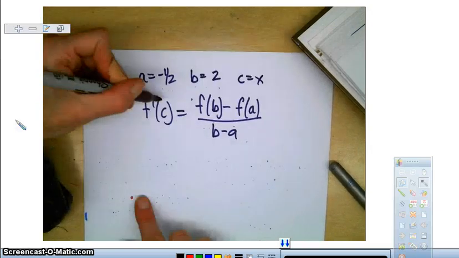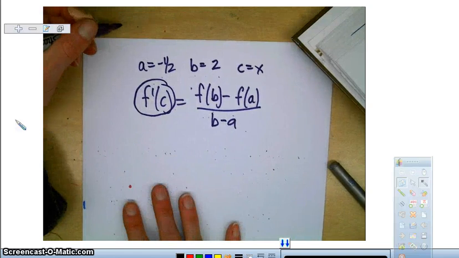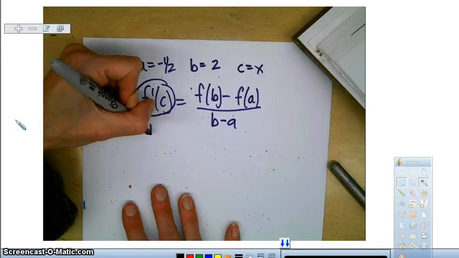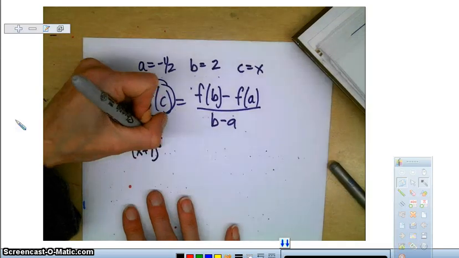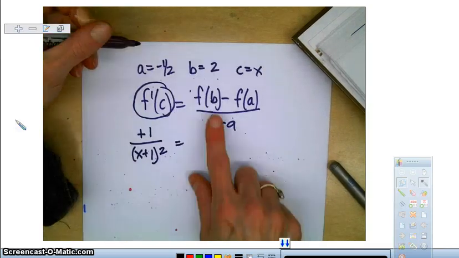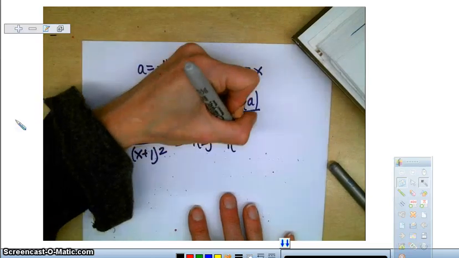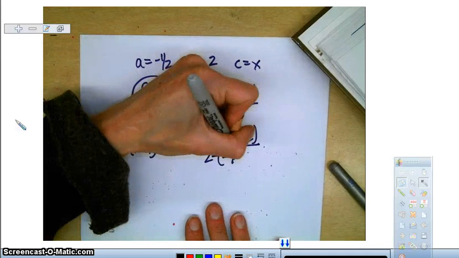X. So we already found the derivative, didn't we? What was our derivative? -1, or is it just 1? 1 over x plus 1 squared, okay, equals f of 2 minus f of -1/2 all over 2 minus -1/2.